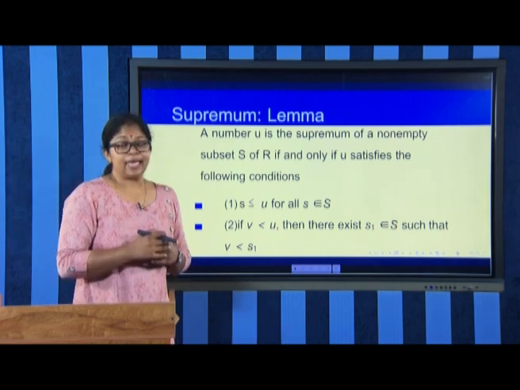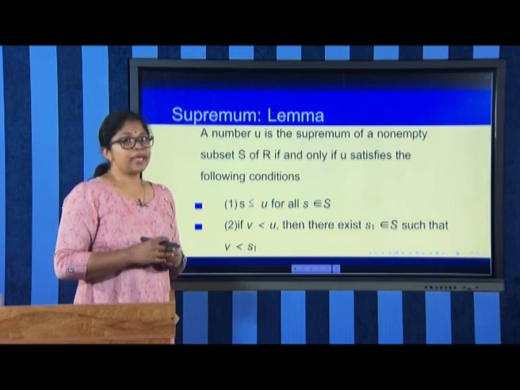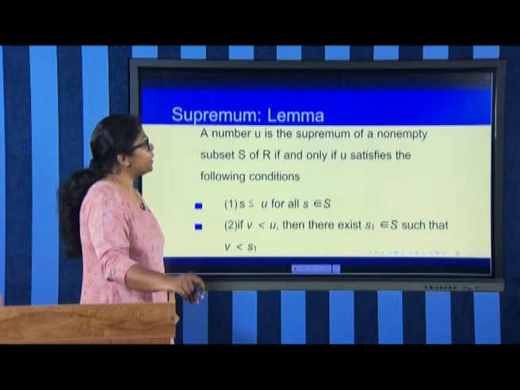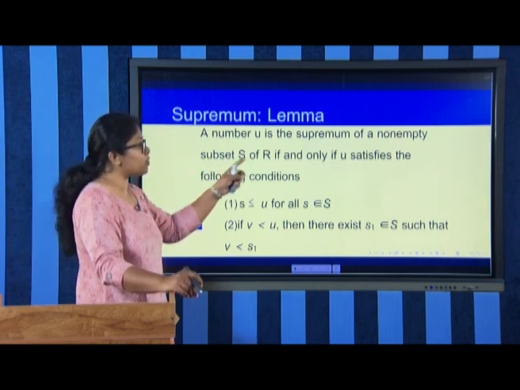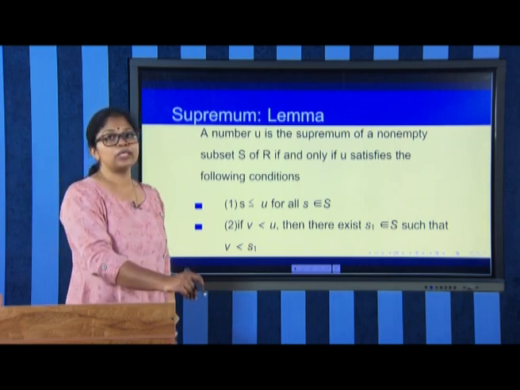Now, we have a lemma on how we can find the supremum of a set S. A number u is the supremum of a non-empty subset S of R if and only if u satisfies the following two conditions.